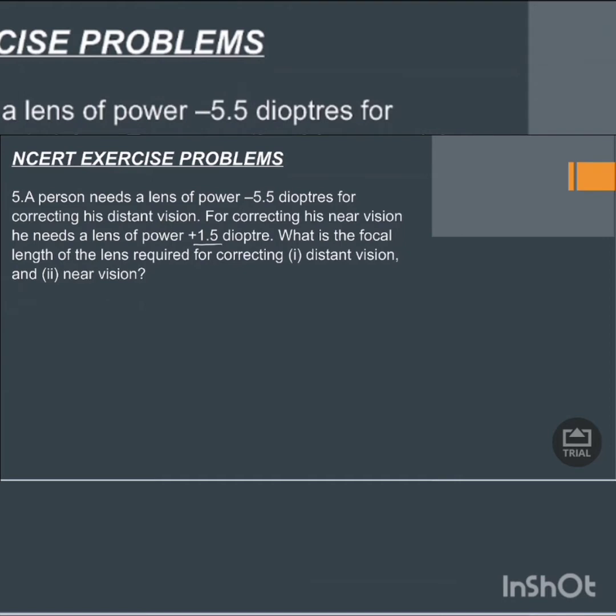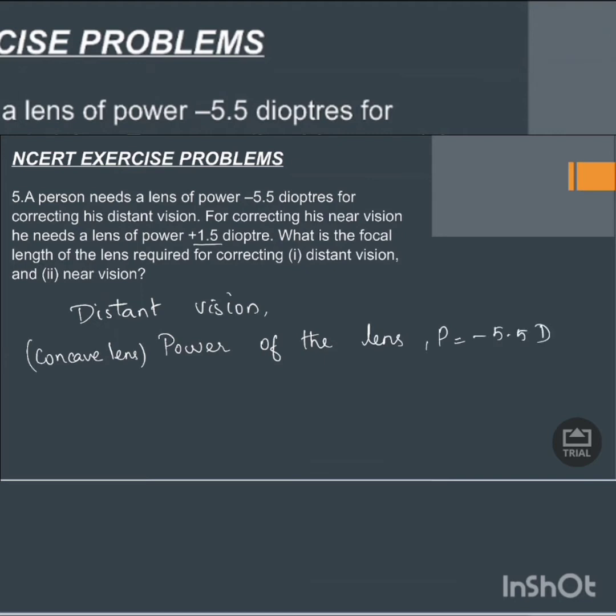So for correcting distant vision, he uses a concave lens whose power is minus 5.5 diopters.